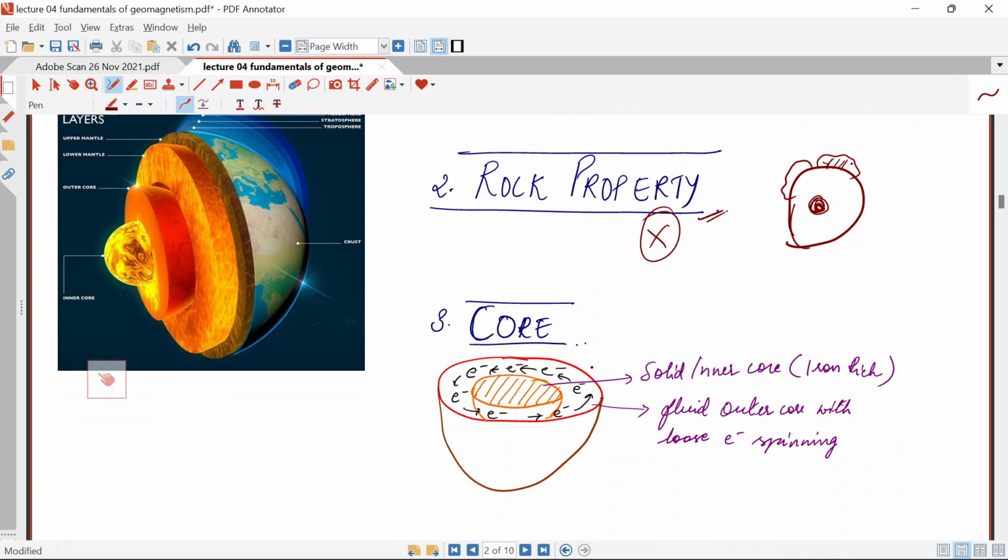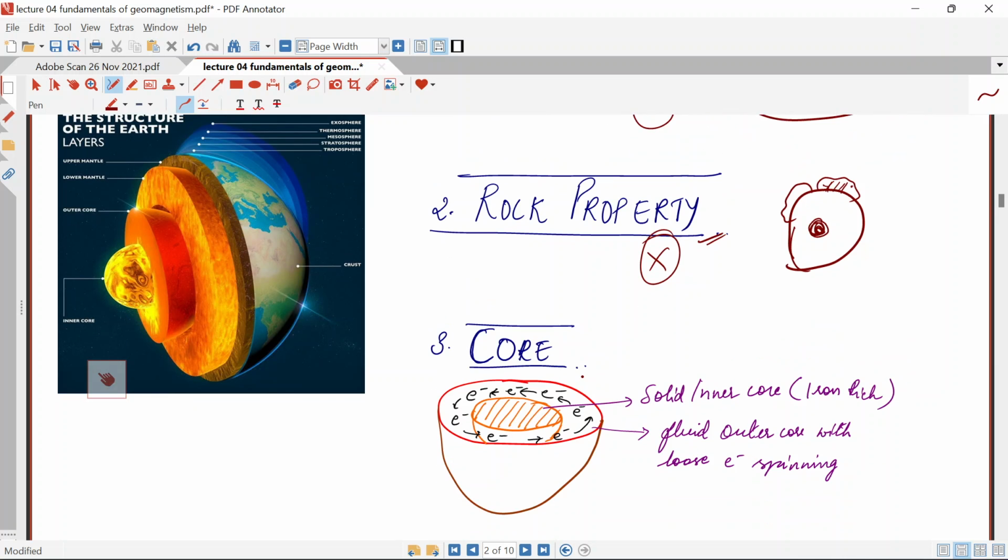So then let's see the quite preferable theory, or quite preferable study made by scientists, which is the core of the earth. If you consider the core of the earth, this is the core; I have taken this part and drawn it here. This is the solid inner core, which is iron rich, and this is the fluid outer core with loose electrons spinning. Due to the earth's rotation, spinning of electrons takes place in the interior of the earth.